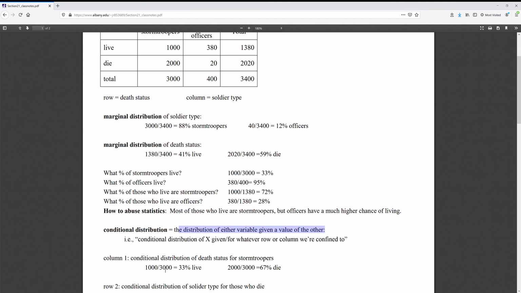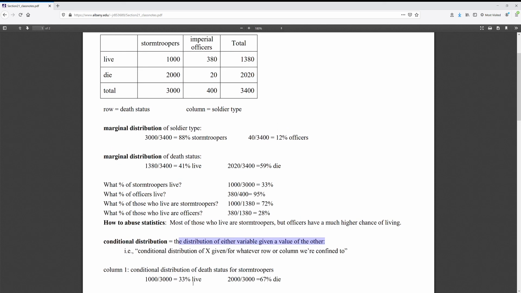Example, we can talk about the conditional distribution of death status for stormtroopers. So if you're talking about how death status is distributed on the condition that we are talking about stormtroopers, then your universe is this column, the universe of stormtroopers, of which there are 3,000. So that's the total you're dividing by. The total number of stormtroopers, that's our universe. What's in question? Which row you're on, whether you live or die.